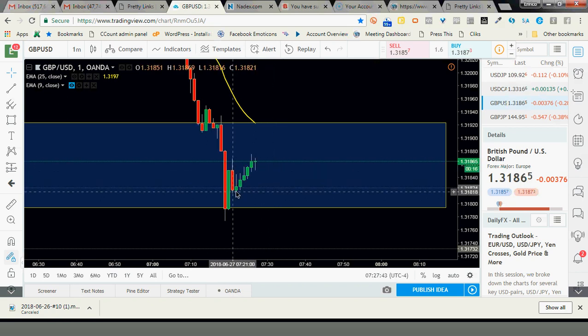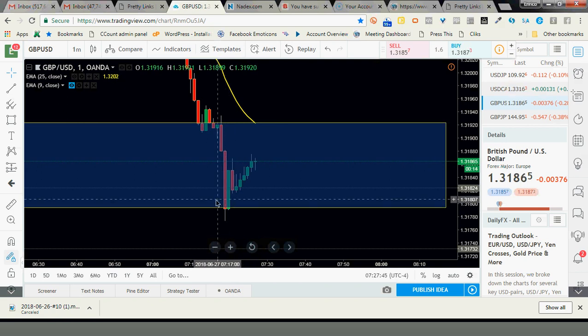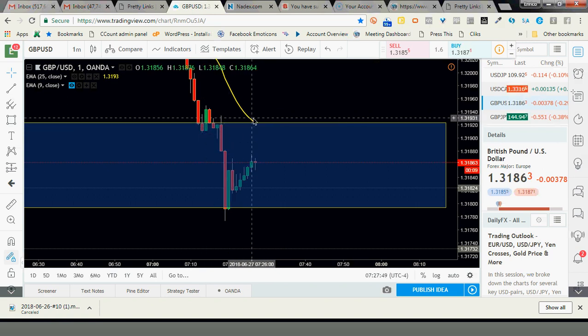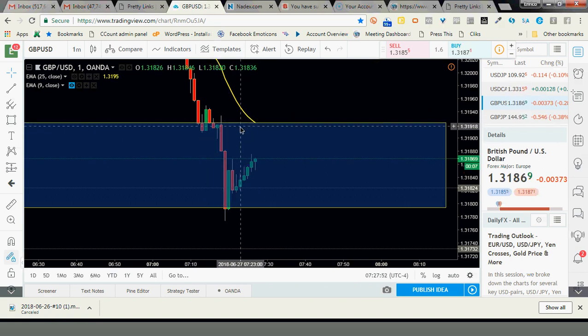All right. What we look for is the tension at these areas, and we want to know how the market is reacting to the tension. At this midpoint of this box, there's also tension, right?